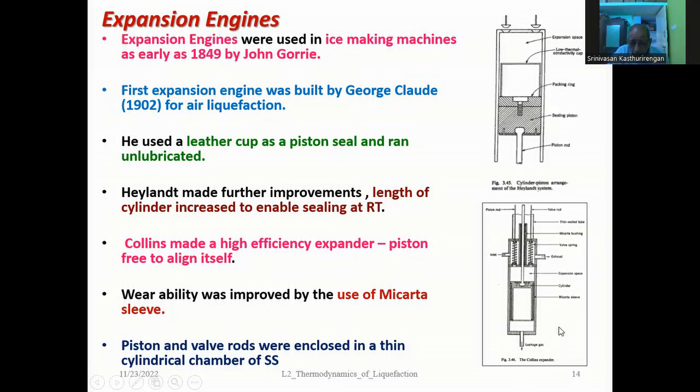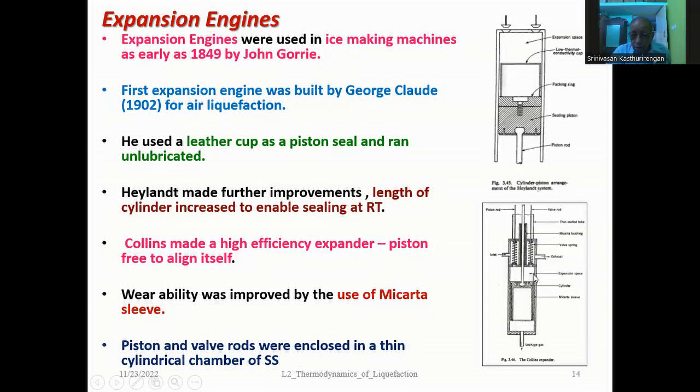And this one, what you see here, is the piston cylinder arrangement of Collins, where you have a micarta sleeve on the piston, on the top. And this moves up and down because the gas is trapped here and then expanded. Because of the expansion, you produce cooling of the gas.